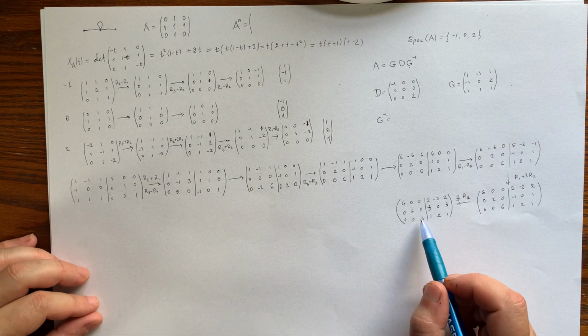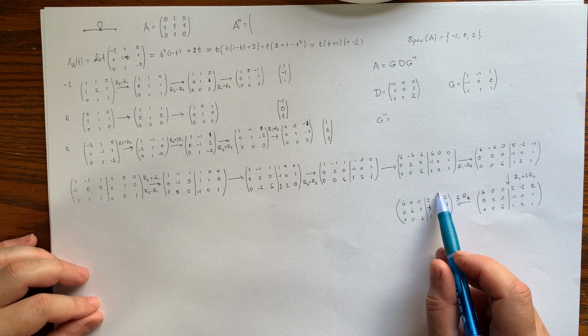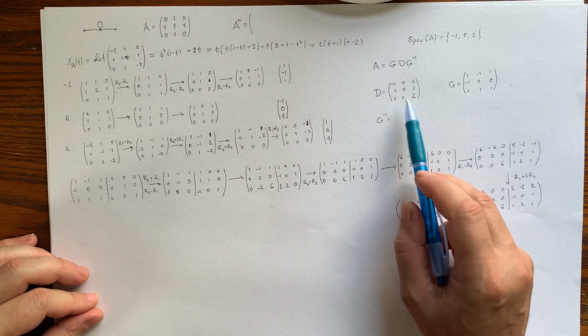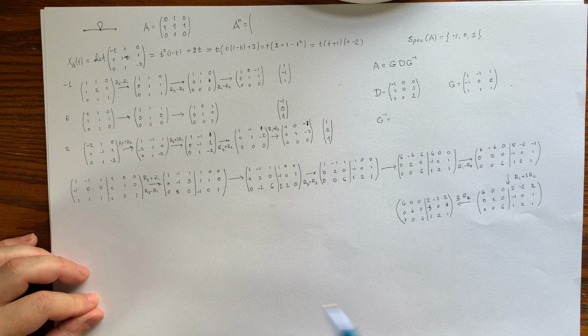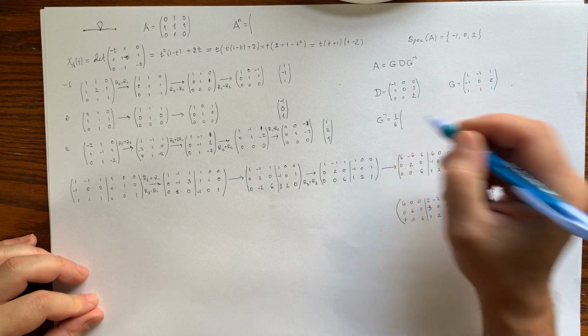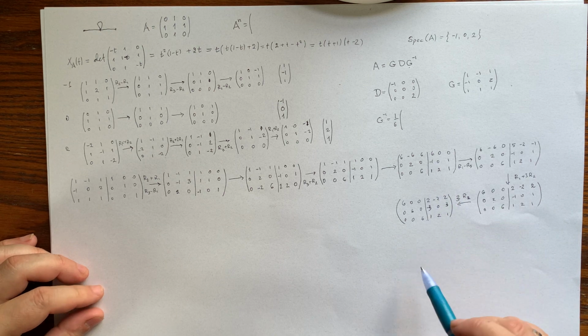And now to make the answer for G inverse, I just need to divide by 6, which incidentally is the determinant of our G matrix, if you wonder. And that is the answer. So this right-hand side divided by 6 is the inverse.